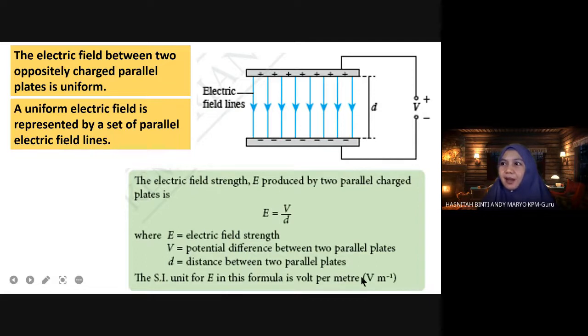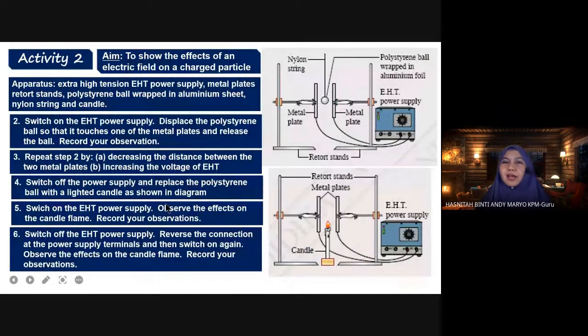This is the unit for electric field strength for two parallel plates: it is volt per meter, volt for potential difference and meter for distance. So that is to do with electric field strength.